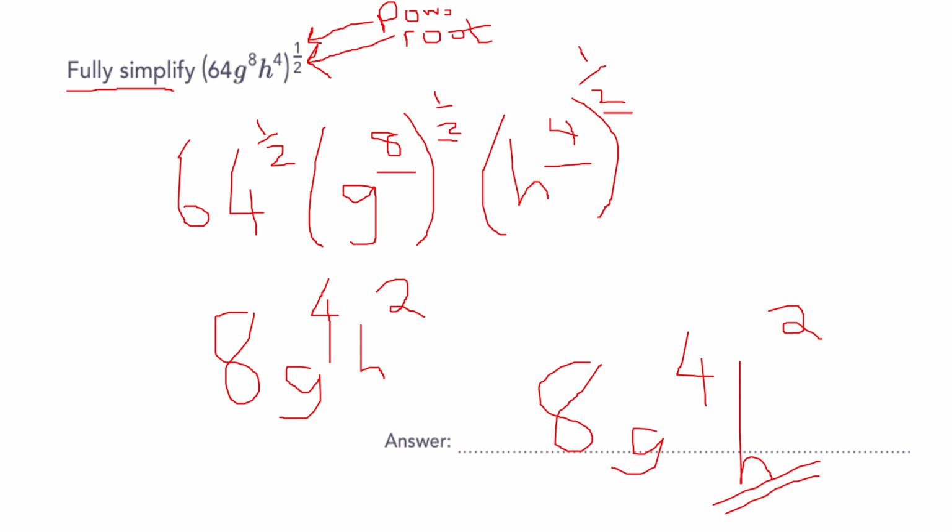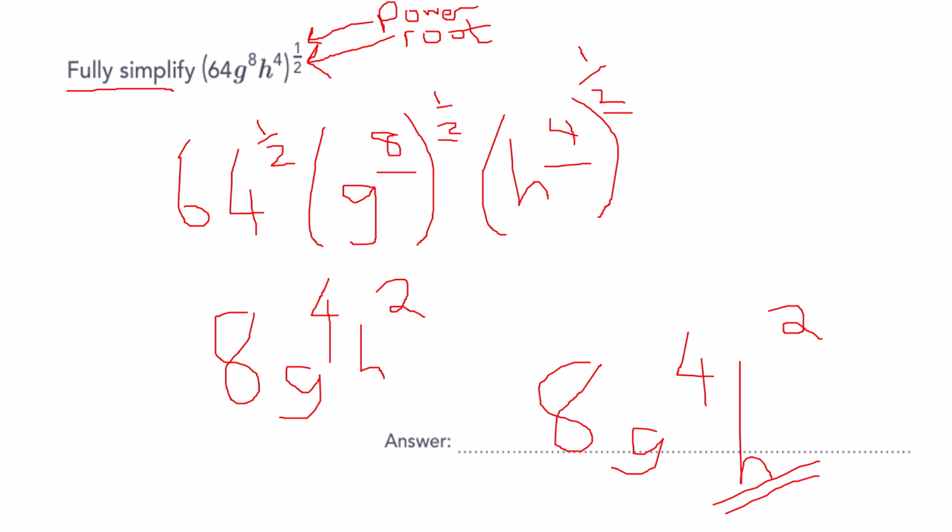Power of a half in maths means square root, power of a third means cube root, power of a quarter means the fourth root, power of a fifth means the fifth root, and so forth.